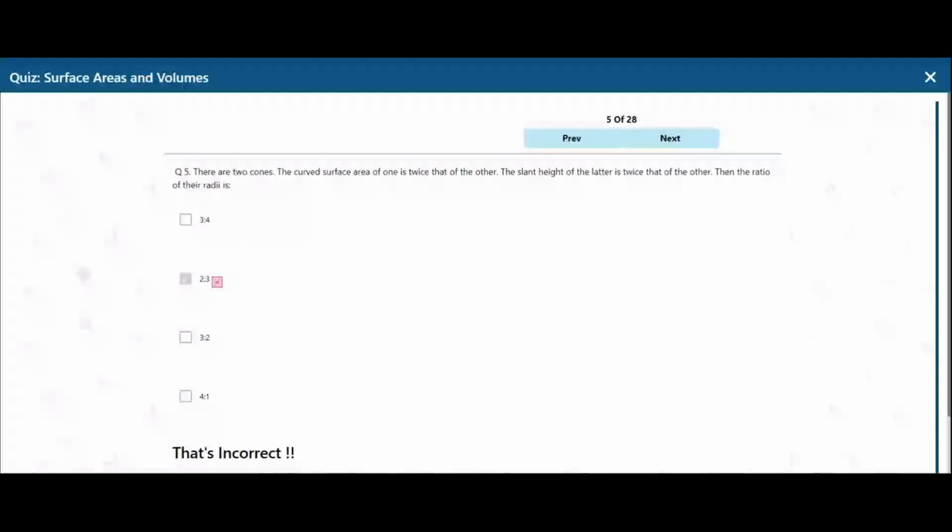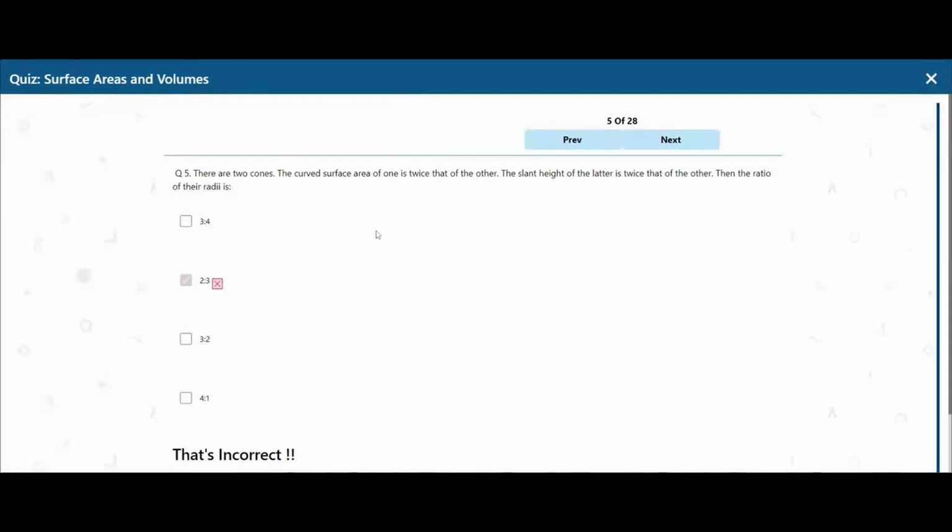See here, the slant height of the latter is twice that of the other. Then the ratio of the radii. Radii they have asked, no? Ma'am, she was asking that the curved surface area of one cone is twice of the other, twice of the second one, no, ma'am. So we have to multiply that 2.